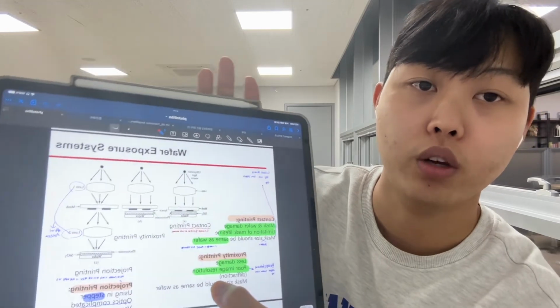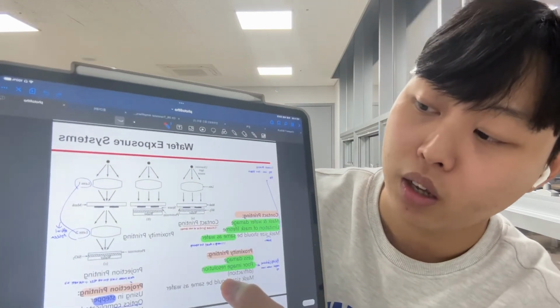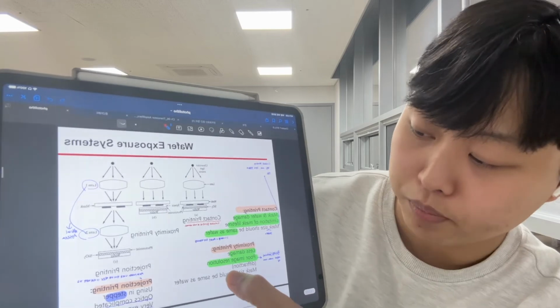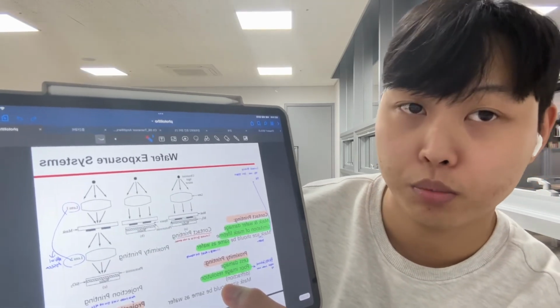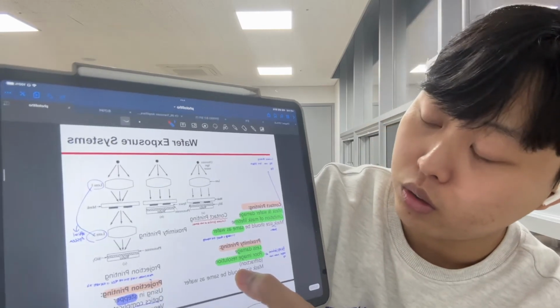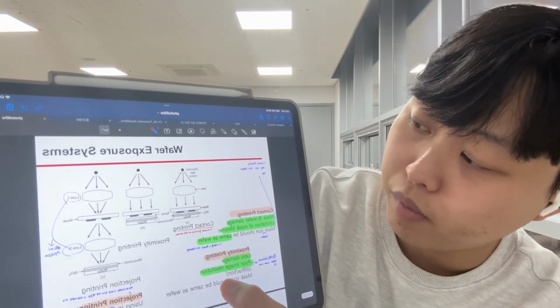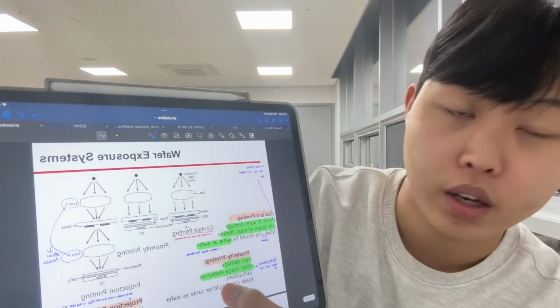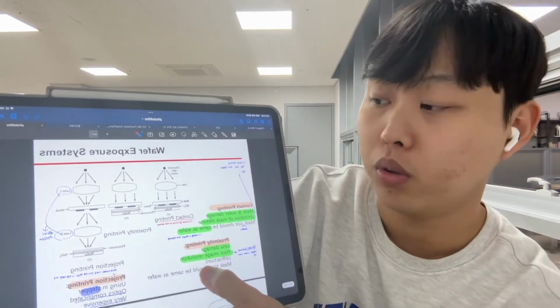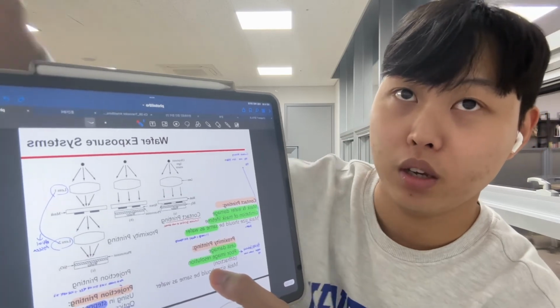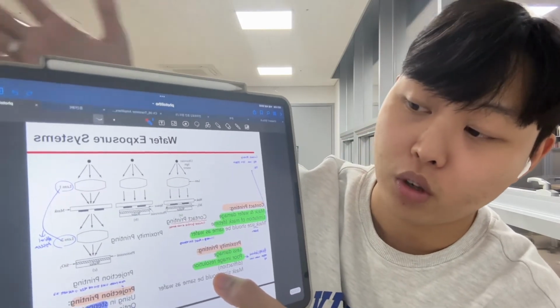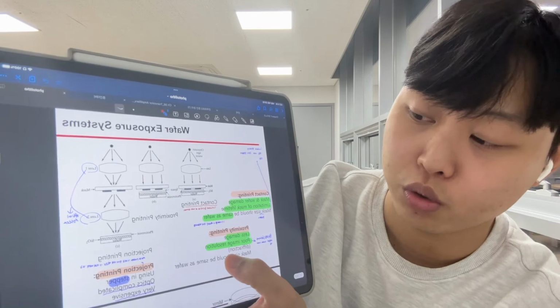We make contact between the wafer and the mask, and we expose them with light. There are some pros and cons. For the pros, it is cheap and the structure is very simple. However, some PR can be left on the wafer, causing some issues.